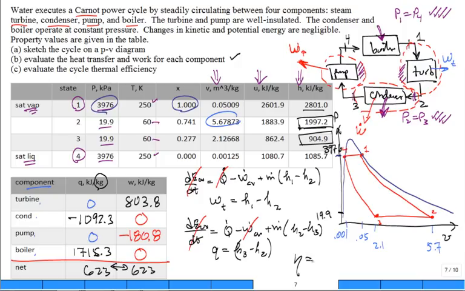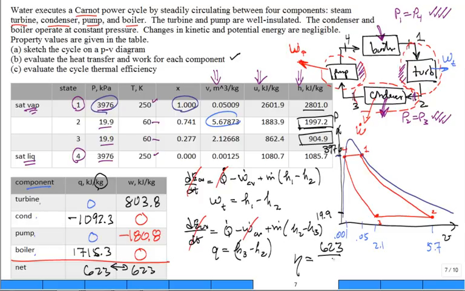The cycle thermal efficiency is what you want. What do you want out of the power cycle? A large net positive work out. So that's going to be 623 kilojoules per kilogram over what you had to put in, what you had to pay for to make it run. What do you have to supply?